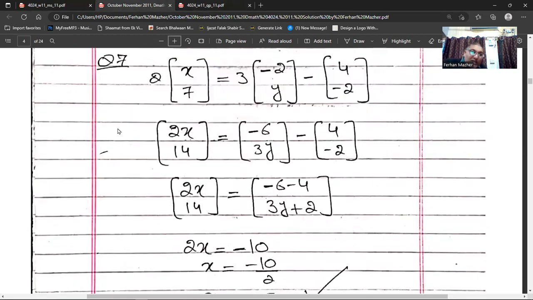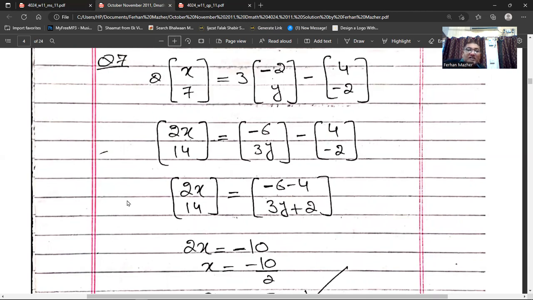So this 2 will multiply here, giving (2x, 14) equals (minus 6, 3y) minus (4, minus 2). So (2x, 14) equals, this will become minus 10, minus 4 minus 6, and this will become 3y plus 2. So the upper part will be compared with the upper part, and the lower with the lower.